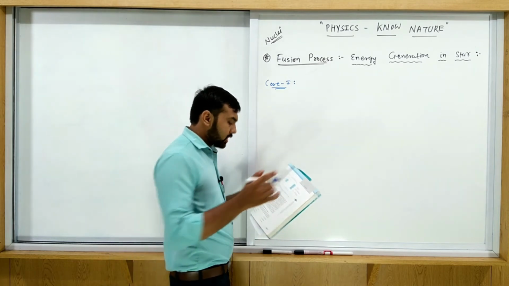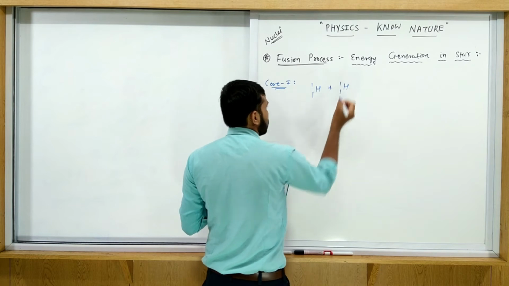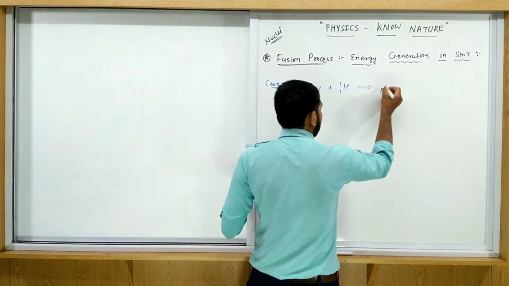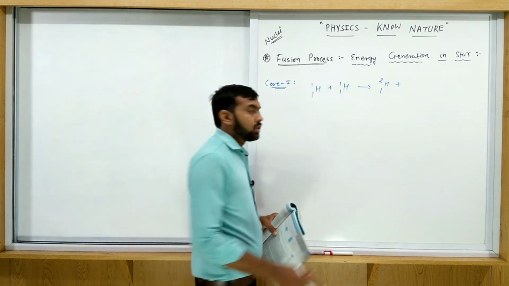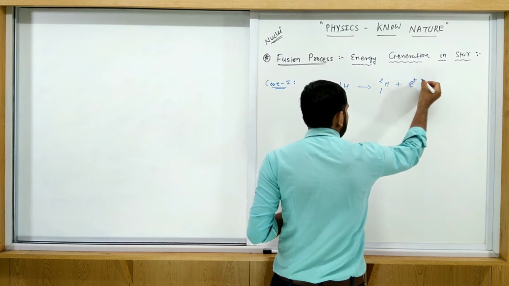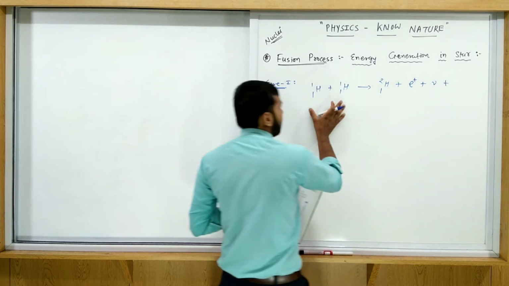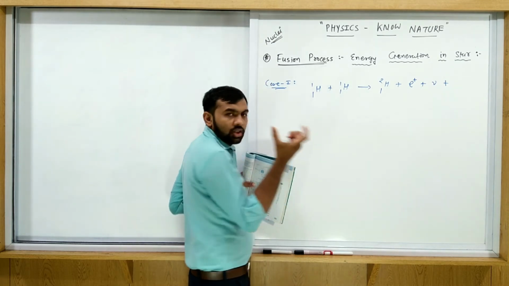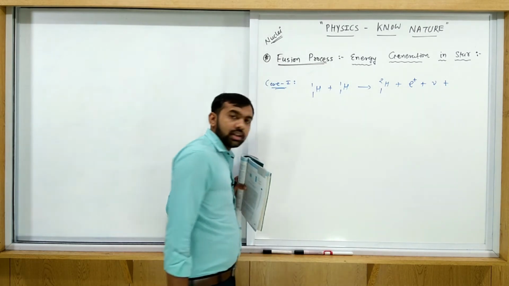The first process is 1H1 and 1H1. They recombine with each other and form a deuterium 1H2 plus a beta plus with neutrino. When the two hydrogens combine, one deuterium is formed and beta plus is released.